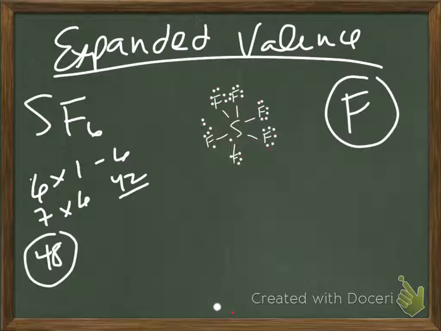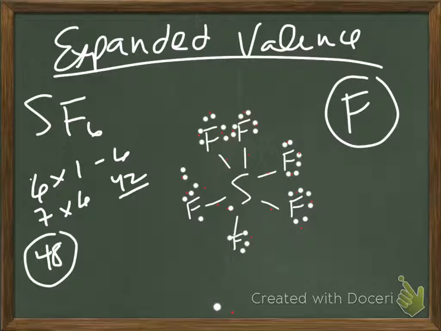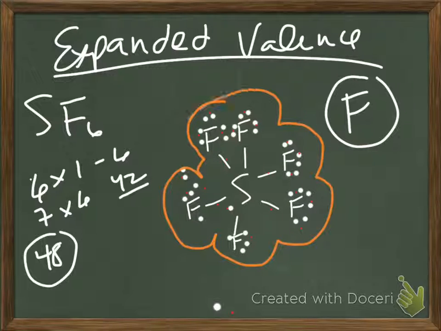But what's really happening is that fluorine is so electronegative that, if we remember there's that sort of electron cloud blanket, I'll draw it as a little flower here, the fluorine atoms pull the covers off of sulfur. So even though sulfur is surrounded by more than 8 electrons, it doesn't feel that because fluorine's basically carrying the load.